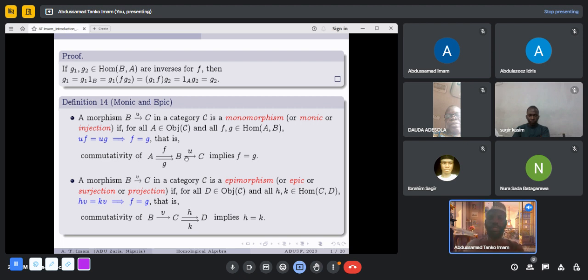And you will see that if U is a map and you are having sets here, you will have this imply F equal to G precisely when U is one-to-one, because it is when U is one-to-one that you can cancel it from the left here.